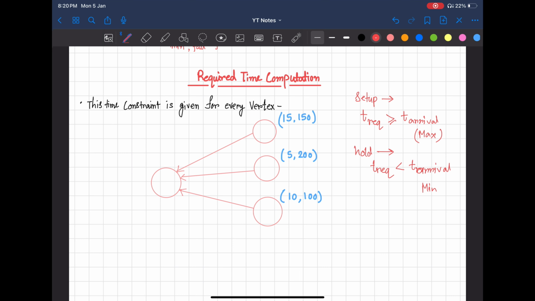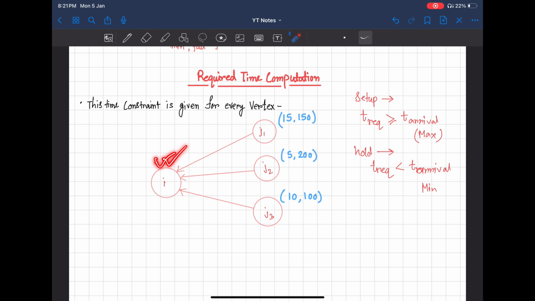Suppose these are j1, j2 and j3, and this is the i node. I represented it in the timing graph, and obviously this is a backward traversal of the timing graph. If the timing bound is already defined at the particular output, then you have to calculate the timing bound at this i point.